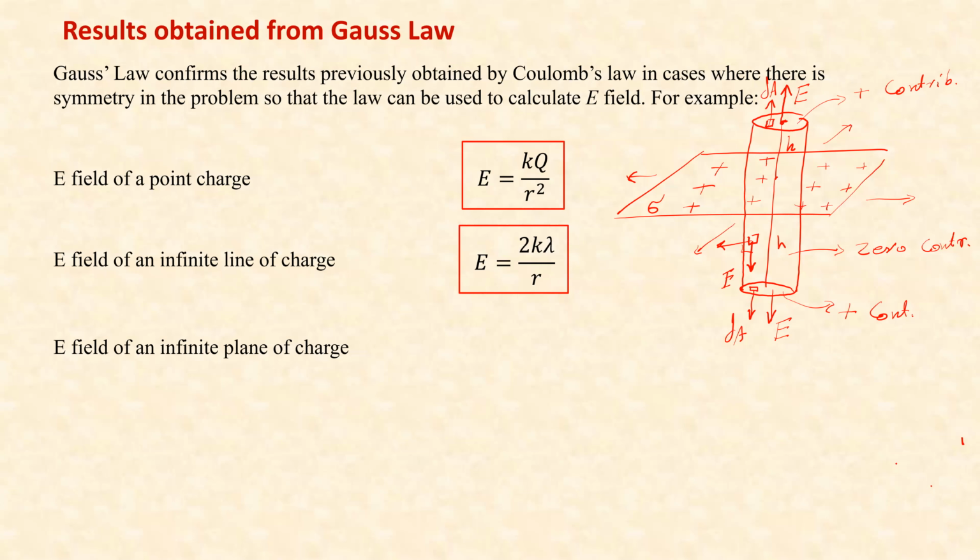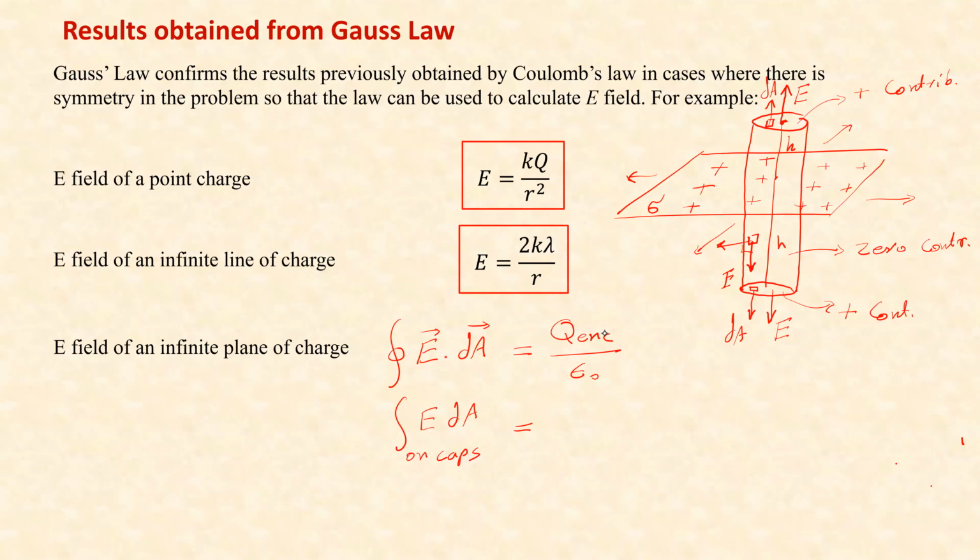So we say integral over the closed surface of E dot dA becomes equal to the total charge inside, Q enclosed, over epsilon naught. And you see that for the caps, E and dA are in the same direction. So this becomes E times dA, so it becomes integral E dA on caps, equal to the charge enclosed that we need to figure out.